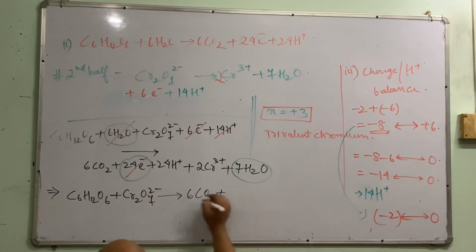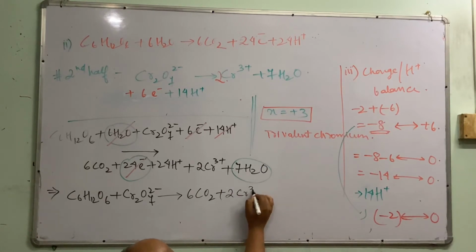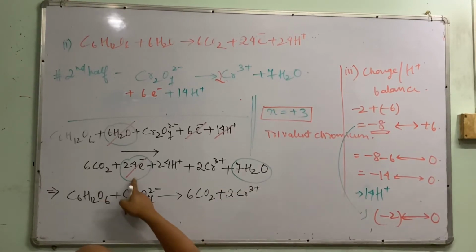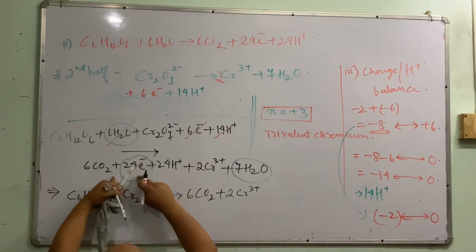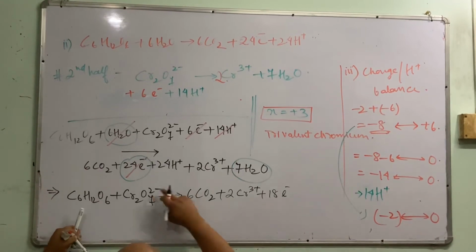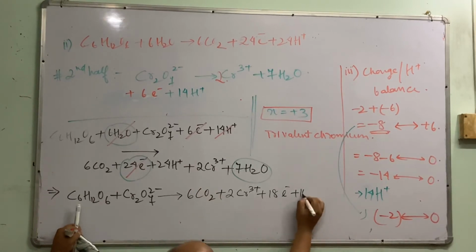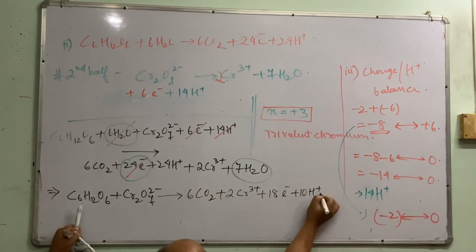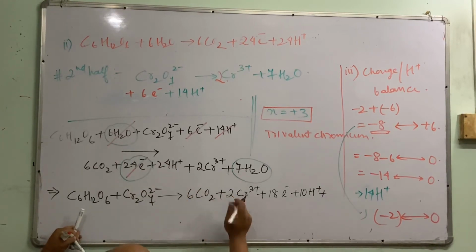6CO2 plus 2Cr3 plus. What about the electron? This is 24 electron, 6 electron, so plus 18 electron. What about hydrogen? 14 and 24, hydrogen 10, plus 10 hydrogen ions. What about the water molecule? Only 1 is left, plus 1 molecule.